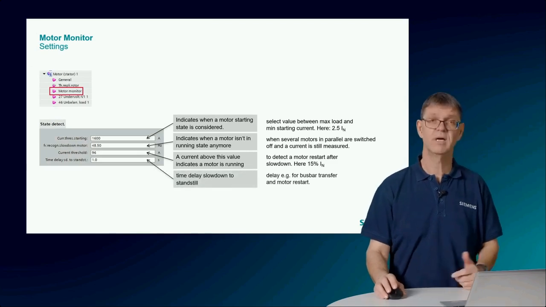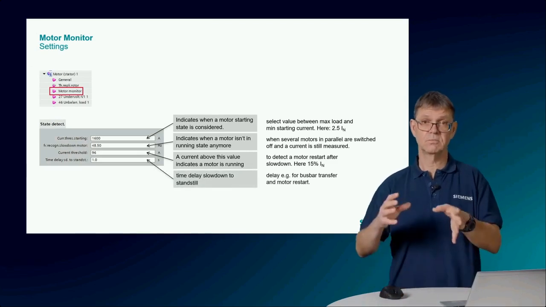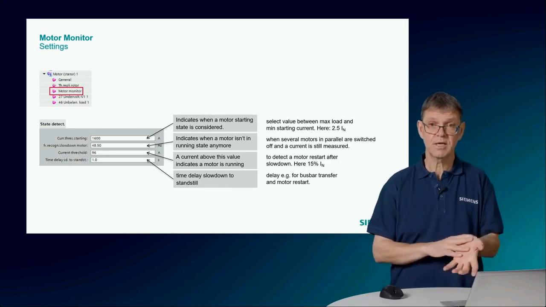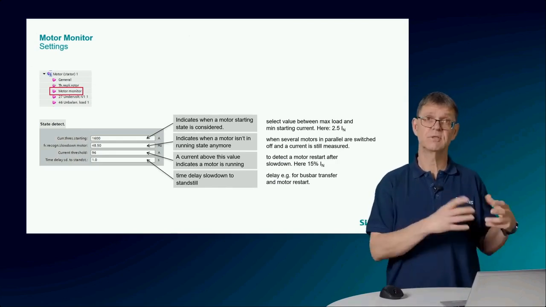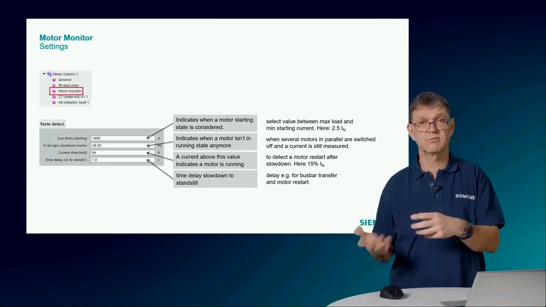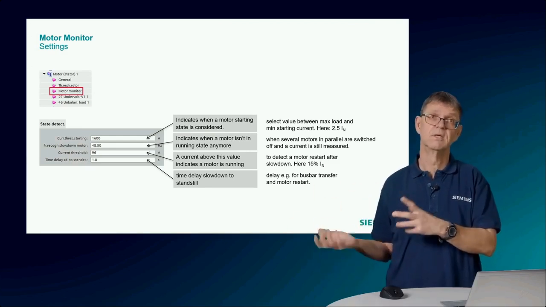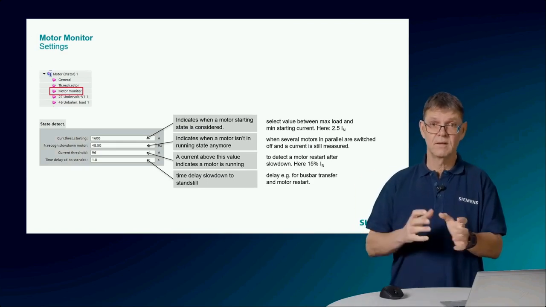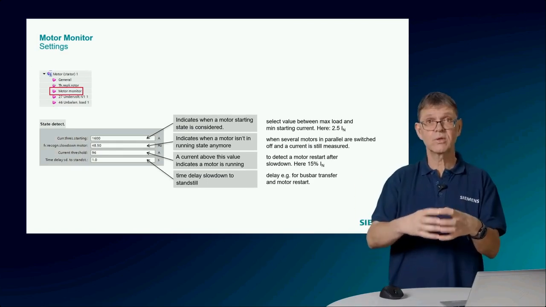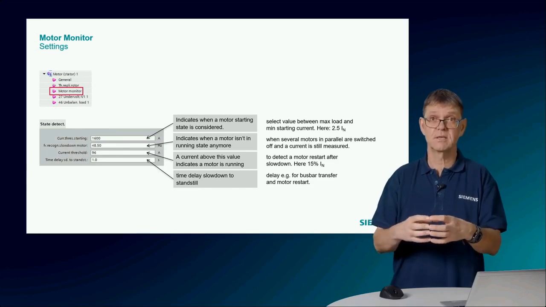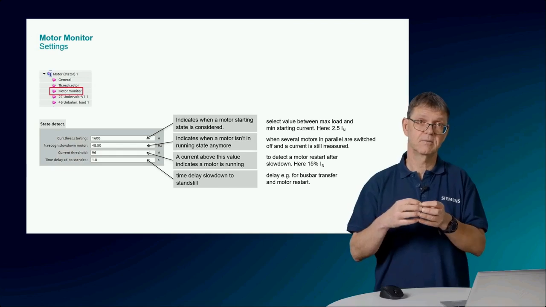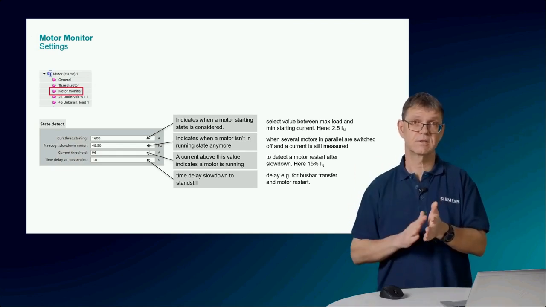And finally, we have a time delay from the slowdown state to the standstill state. Here the idea is, if I have a switch over on the bus bar, a fast bus bar transfer or a normal bus bar transfer, I want to stay in this slowdown state as an intermediate state so that I can correctly detect a restart.